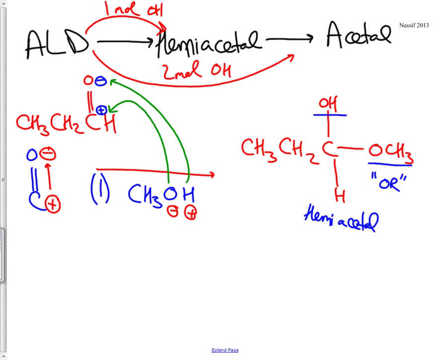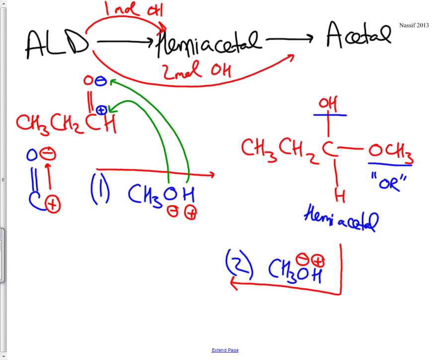Now we have to go to the full acetal. What happens now is we then take this reaction and we then add the second mole of our alcohol. And once again, let's not forget about our charges. The oxygen is negative, the hydrogen is positive. So now we want to look at this bond.